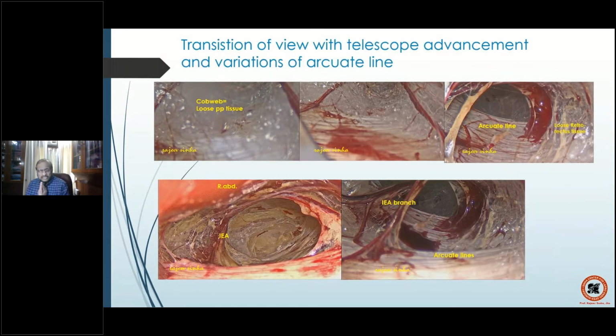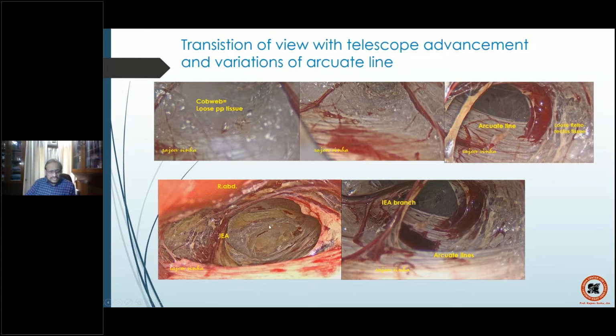So when the telescope goes in, the first view which comes is the loose cobweb tissue, which is the preperitoneal tissue, and you have the glistening of the posterior rectus sheath, more defined until you transgress the transversalis fascia here and you enter the preperitoneal space. So that's the preperitoneal space. This is a sharply demarcated arcuate line, and here you have the loose retrorectus tissue.